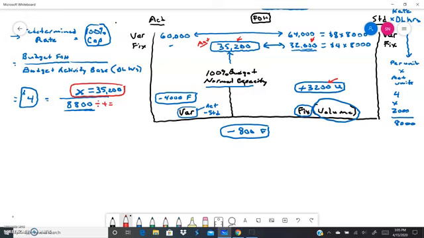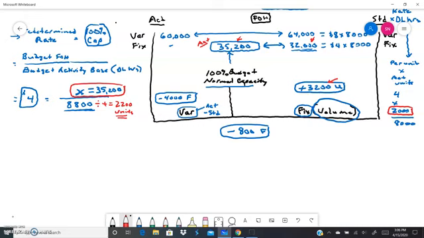So the assumption here was that we were going to produce 2,200 units. That's how we built our budget, and that's how we arrived at the $4 that we're going to apply overhead at. So how many units did we actually produce? Well, we actually produced only 2,000 units.